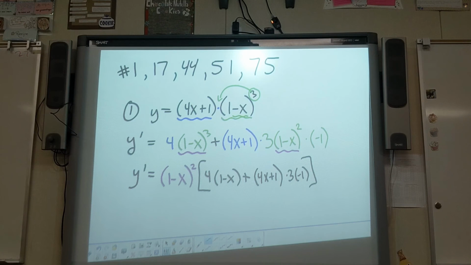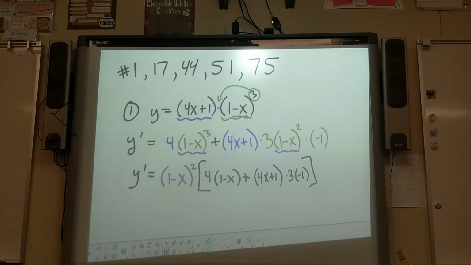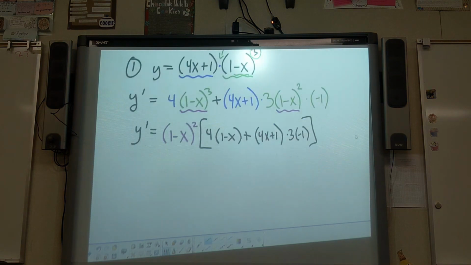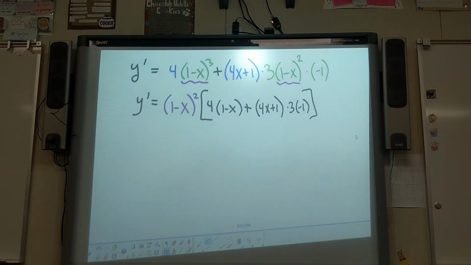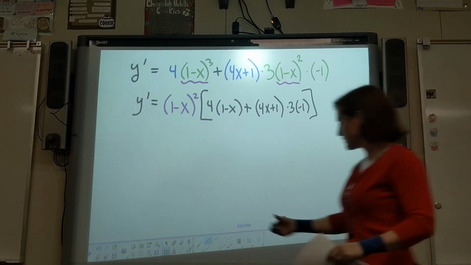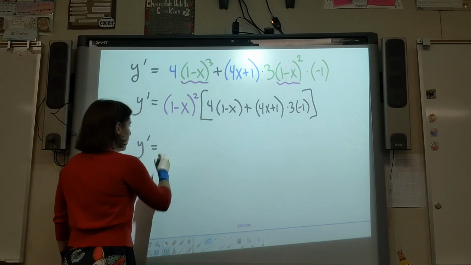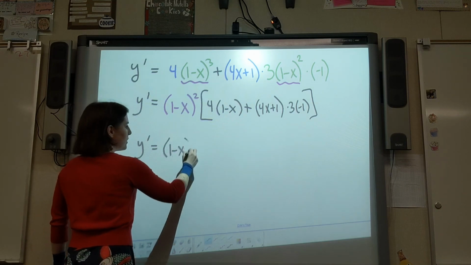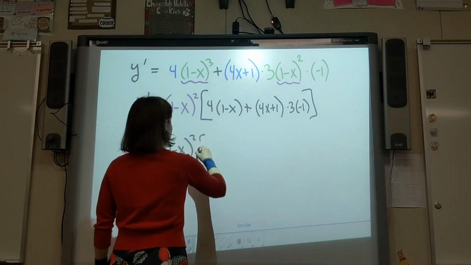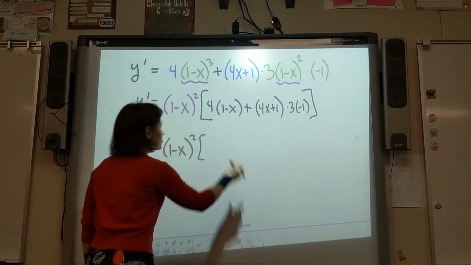I'm going to scroll up. Okay, our y prime: (1 minus x) quantity squared. Let's see what's happening. Okay, distribute here.